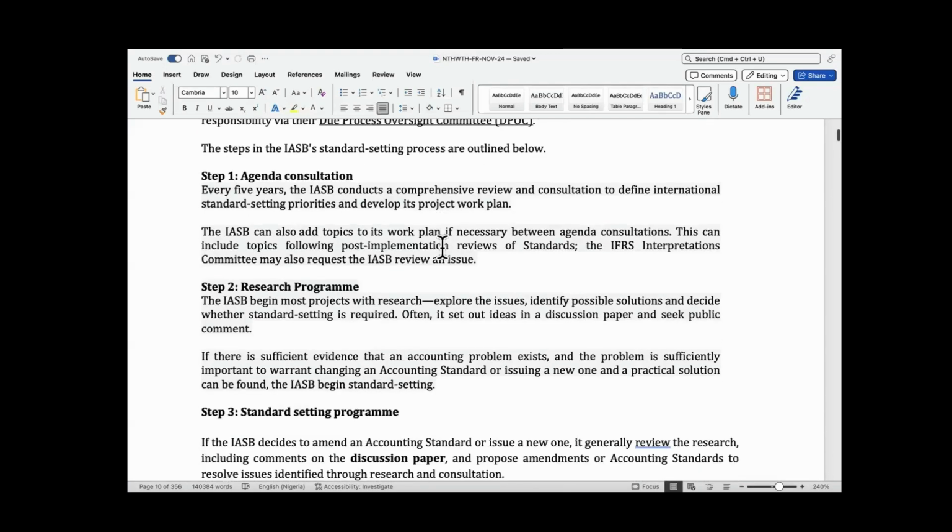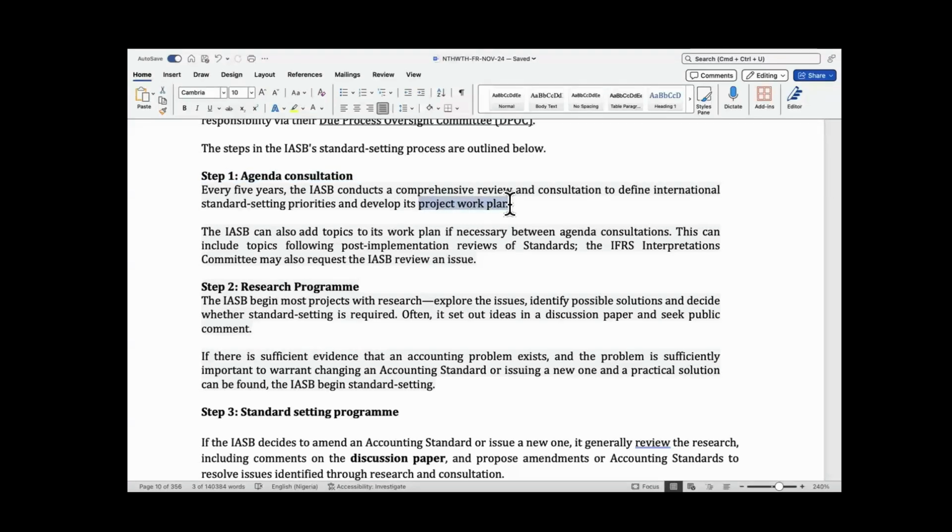And this process involves, number one, agenda consultation. That's step one, agenda consultation. The way this works is that they usually come up with a work plan, which they put together every 5 years.